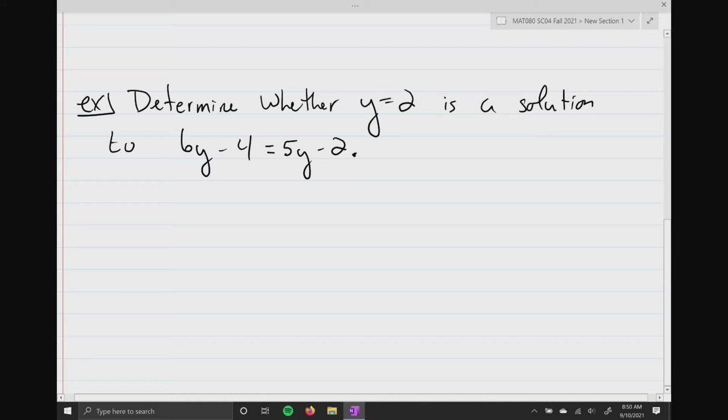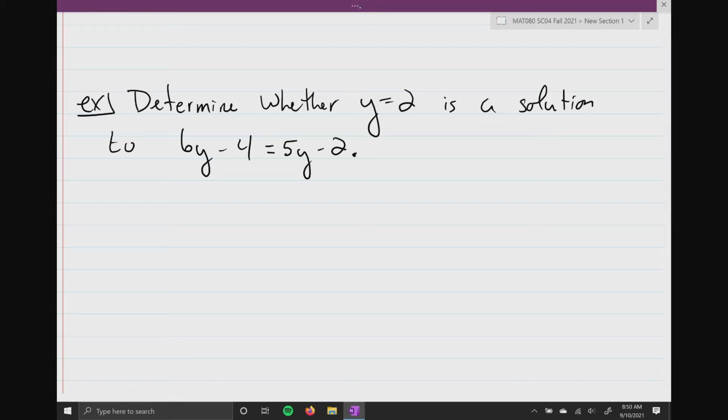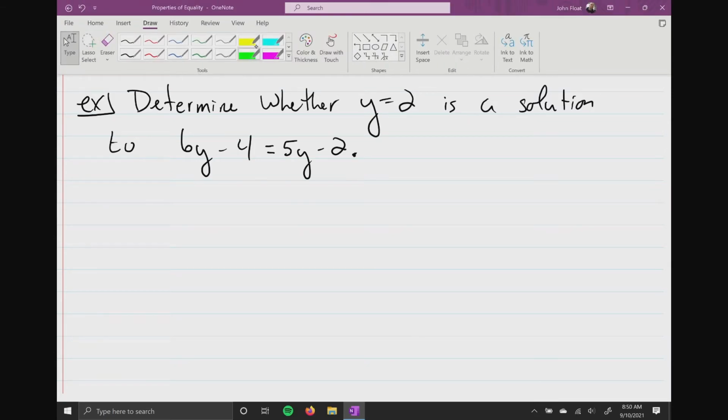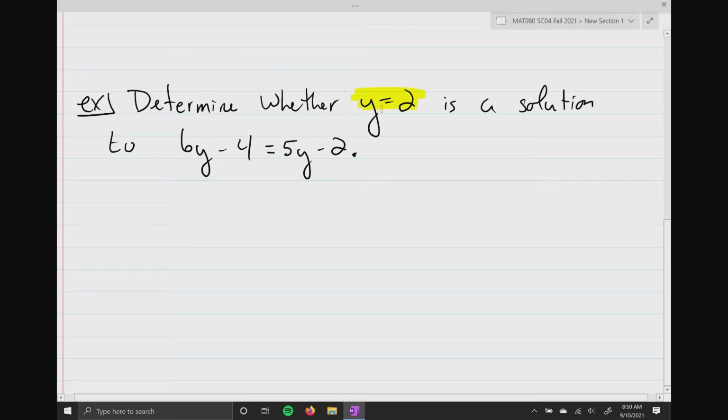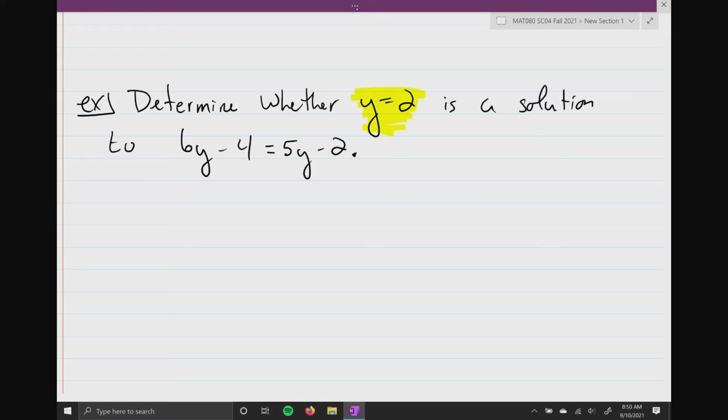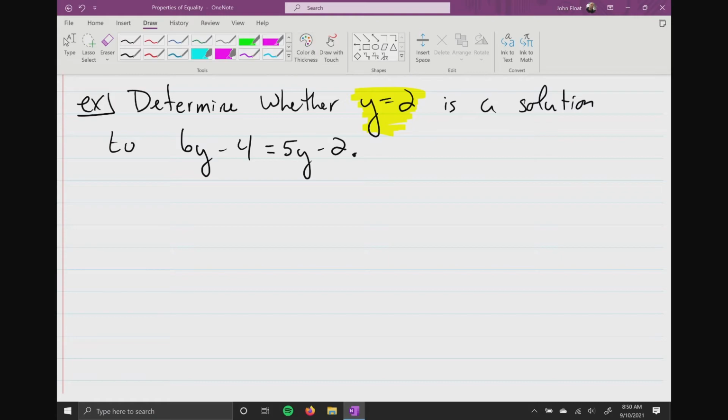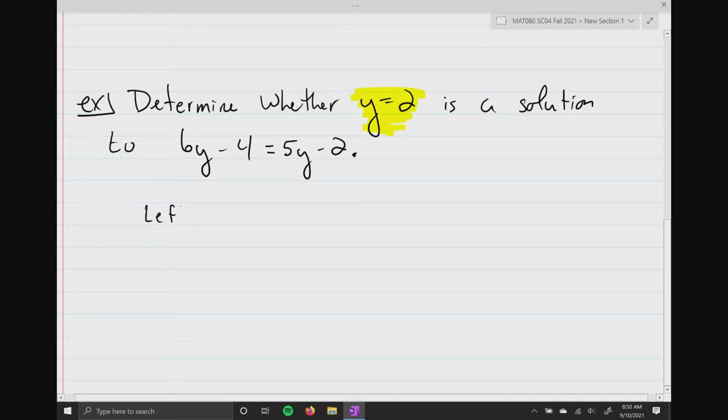All right. So I already know what they're asking me to substitute in. That's right here. Y equals 2. So what I'm going to do is just break this down. We got the left. We got the right.